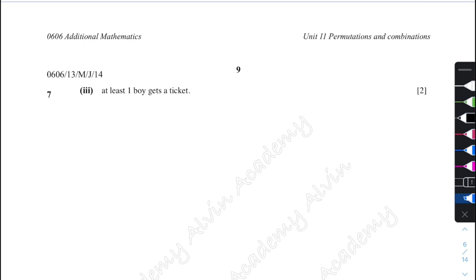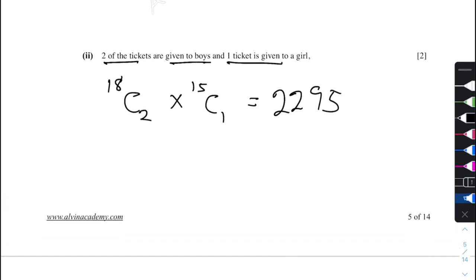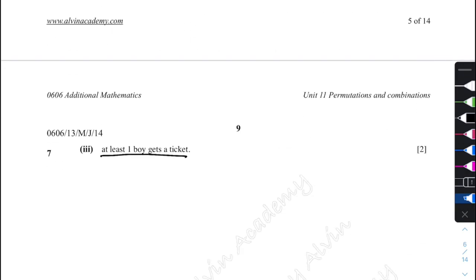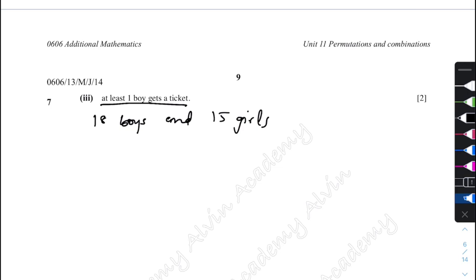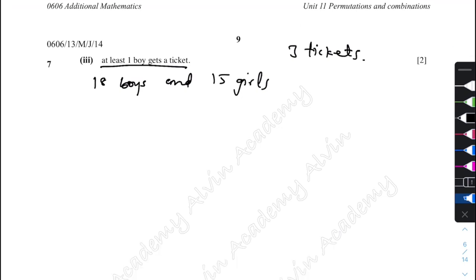It says at least 1 boy gets a ticket. But how many boys are there? 18 boys and 15 girls, that's what they give us. How many tickets are there? 3 tickets. They want to give these tickets so that at least 1 boy gets a ticket.